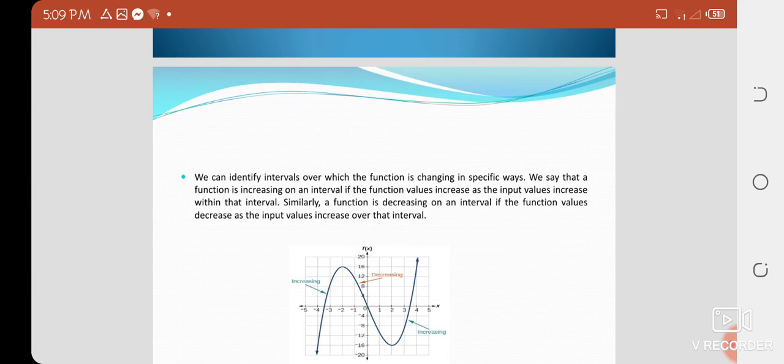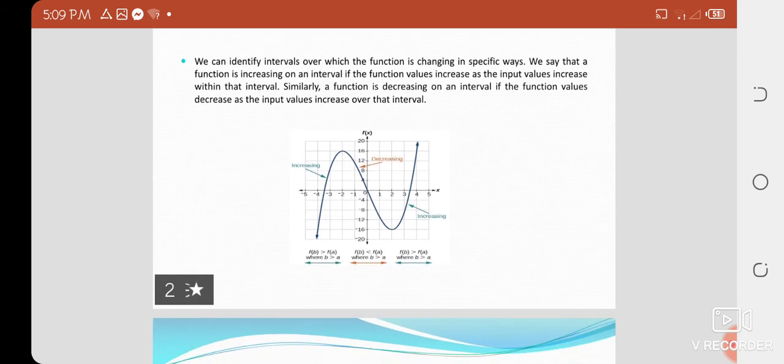We say that a function is increasing on an interval if the function values increase as the input values increase within that interval. Similarly, a function is decreasing on an interval if the function values decrease as the input values increase over that interval.